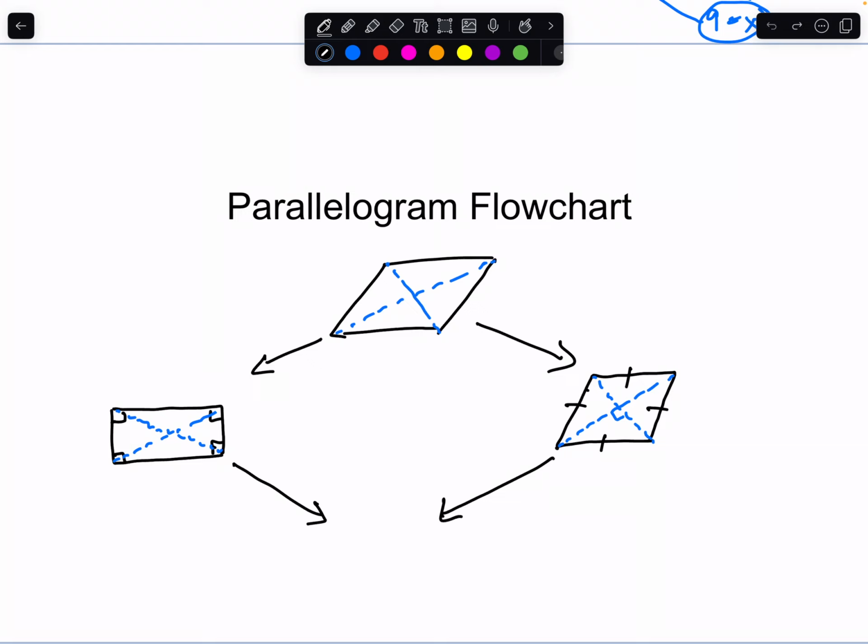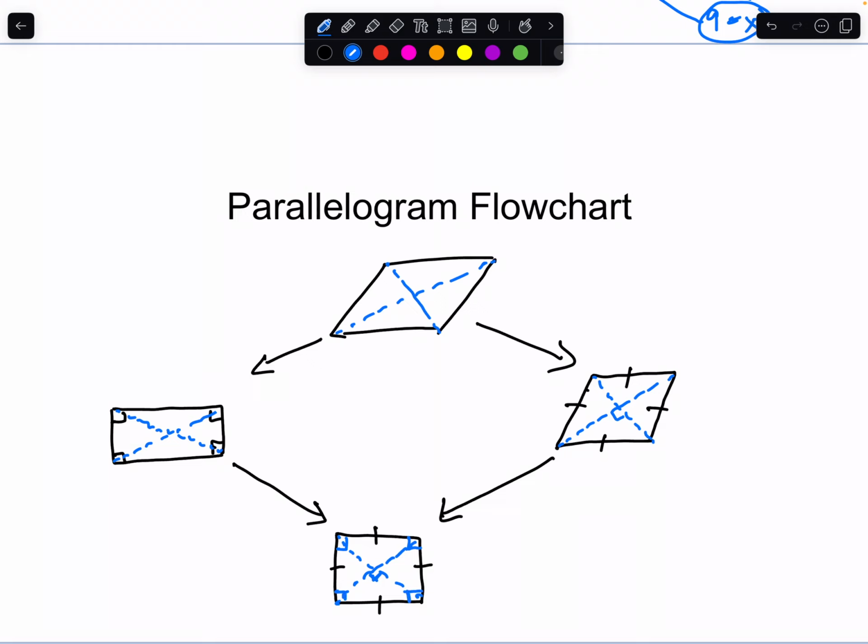I mean, not me, but the square gets created as a result, which then means all sides are congruent, the diagonals are congruent and perpendicular, which means they make 90 degrees. The intersection is still the midpoint of the diagonals. The diagonals are 90 degrees.